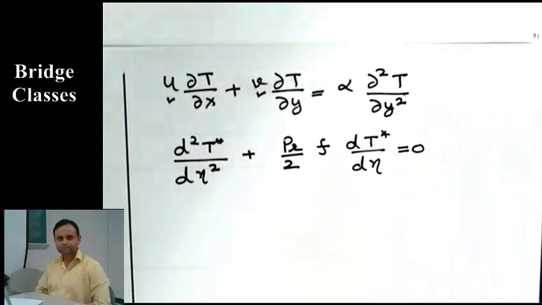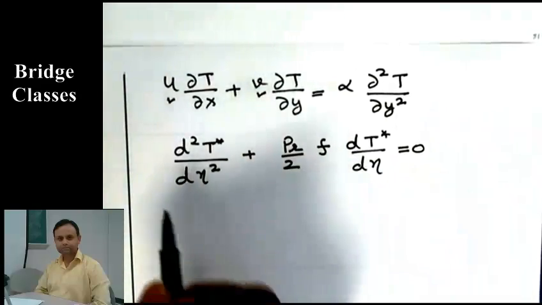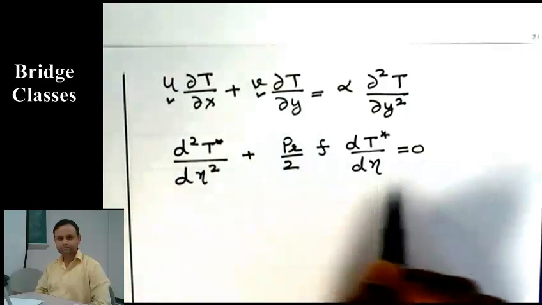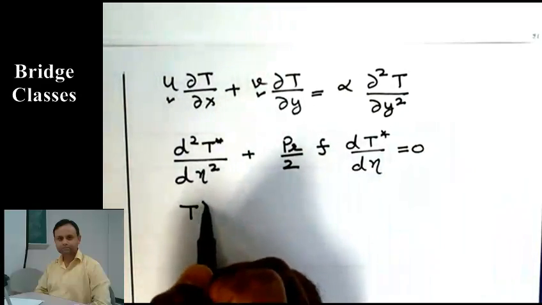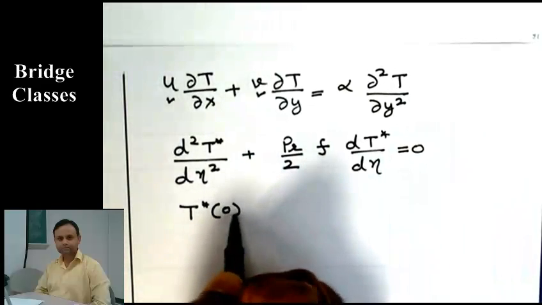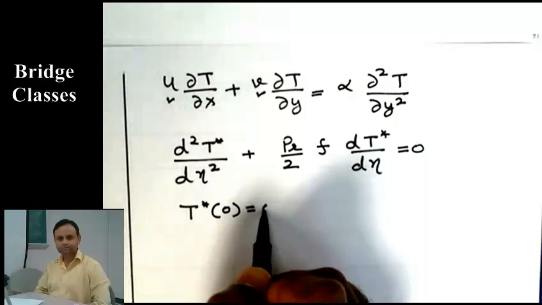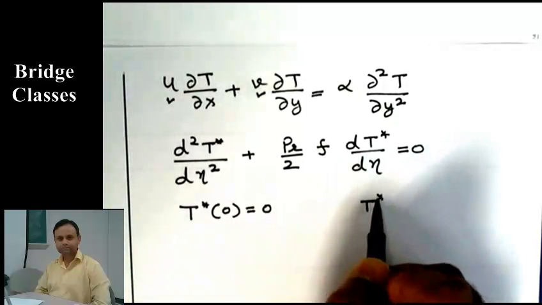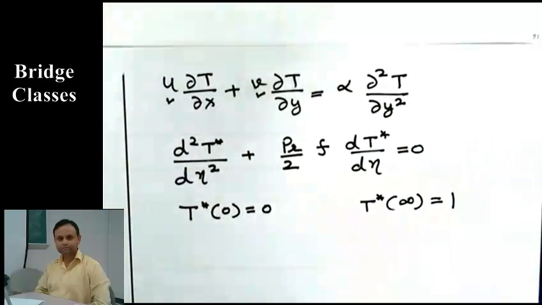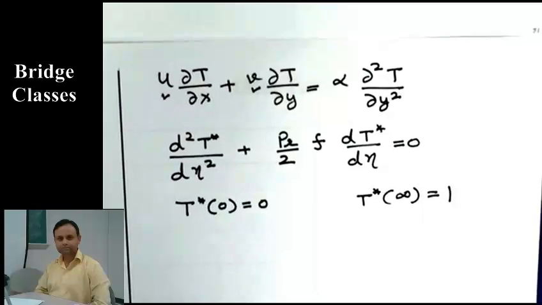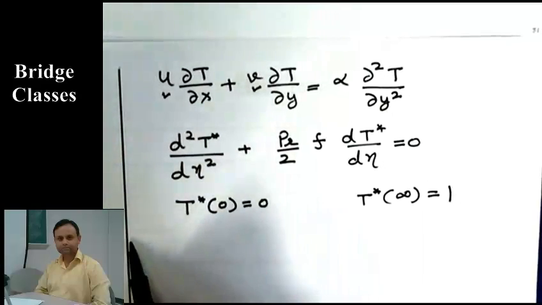Okay, get this equation. This is an ordinary differential equation and the boundary conditions are T star at 0 is 0 and T star at infinity is 1. Okay, those are the boundary conditions.